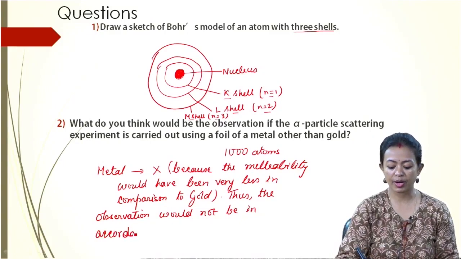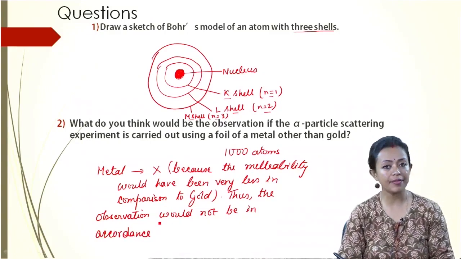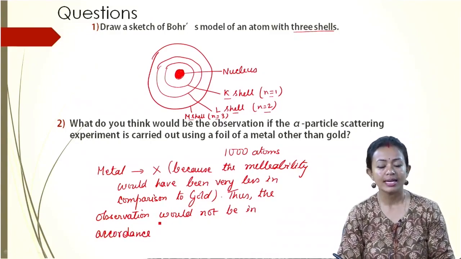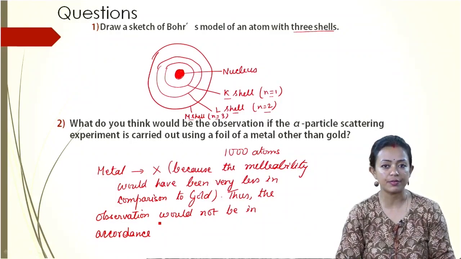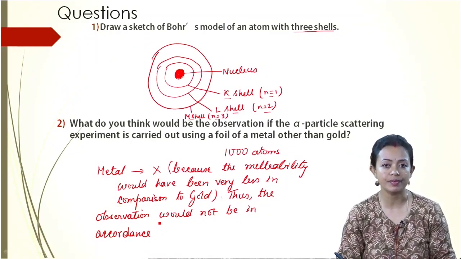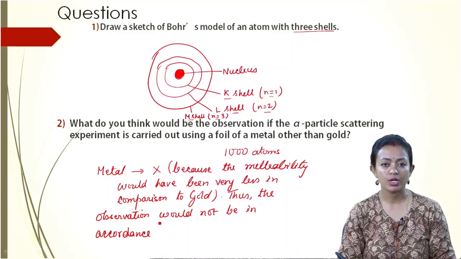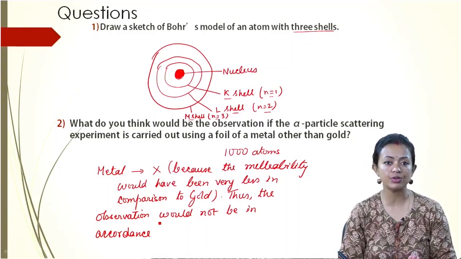Okay, so you understand that had we taken any other metal other than gold, the observation would have been very, very different. In fact, there would have been no observation at all. I hope with this concept, the structure of an atom is completely clear to you.